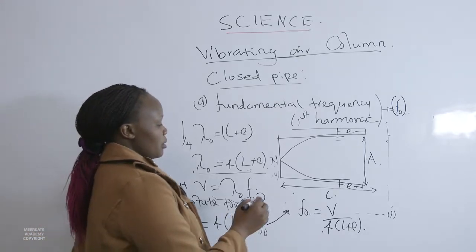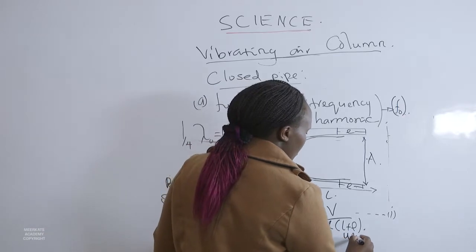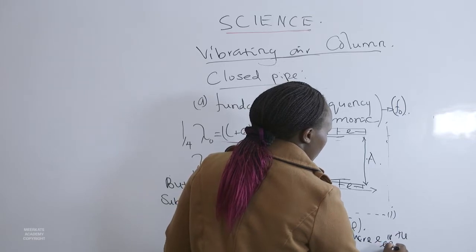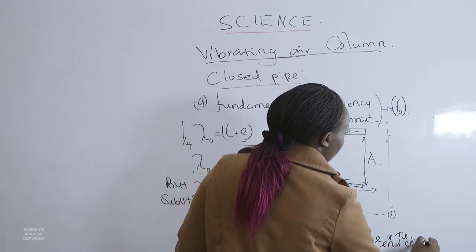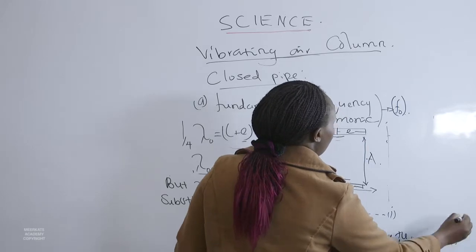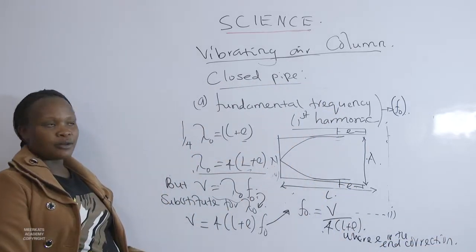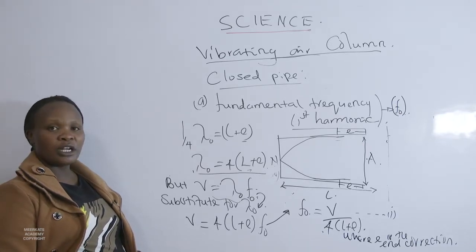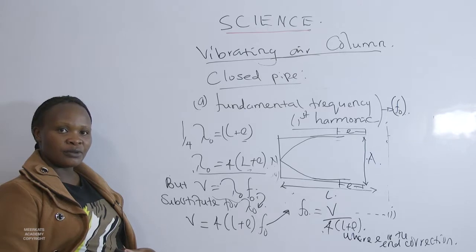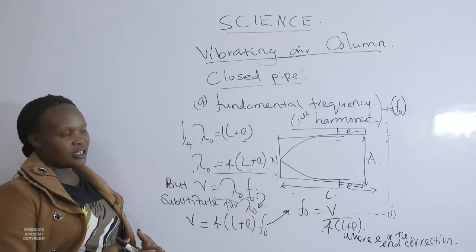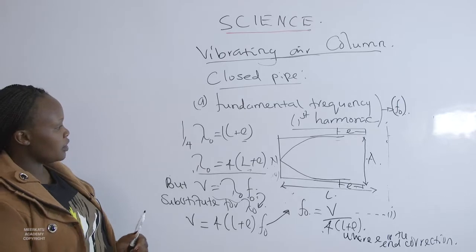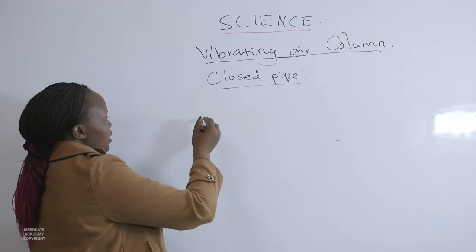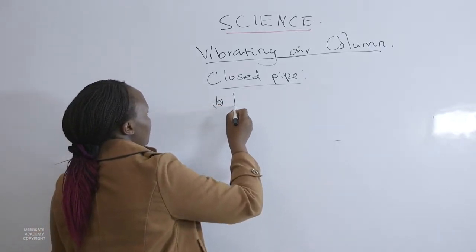Now, it's good to remember that E is the end correction. So that way we shall have come up with fundamental frequency, or what we call the first harmonic. The first harmonic.